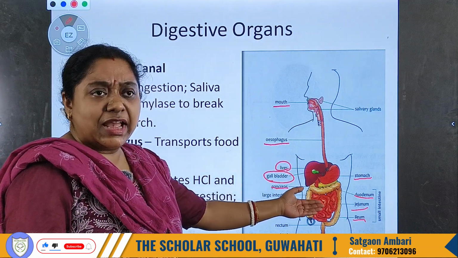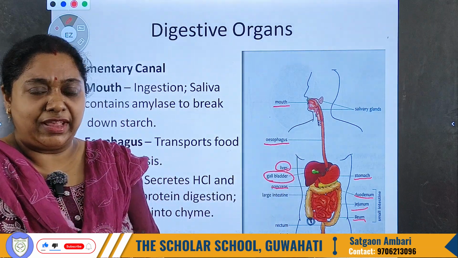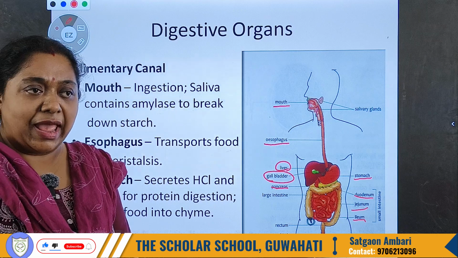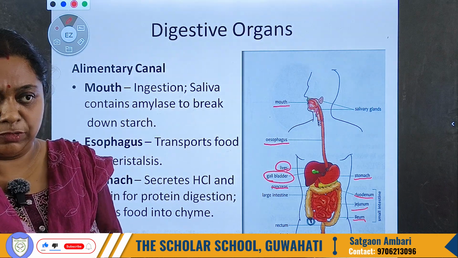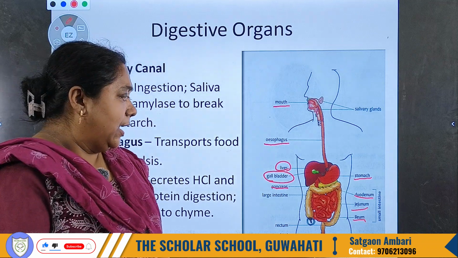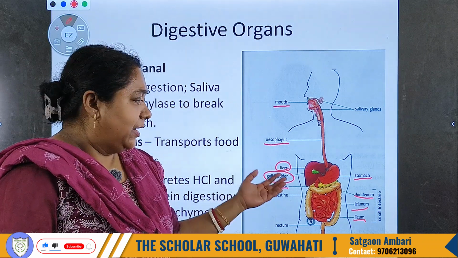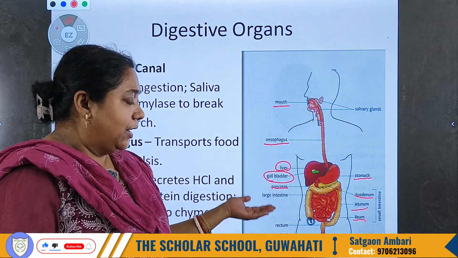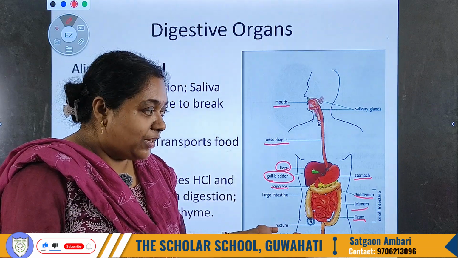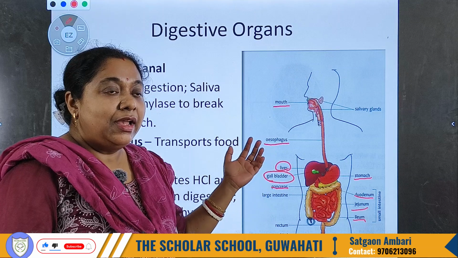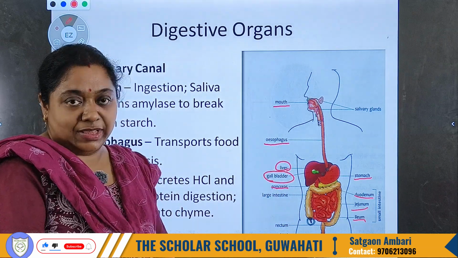The small intestine contains several enzymes that can act on the food particles and completely digest the food. For example, there are amylase, maltase, lipase, and finally the protein digesting trypsin and chymotrypsin.